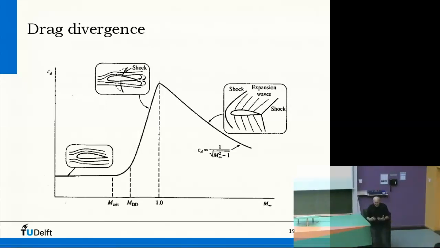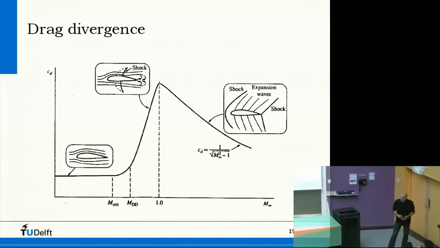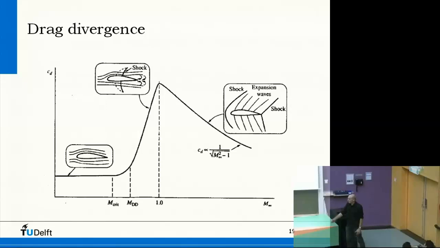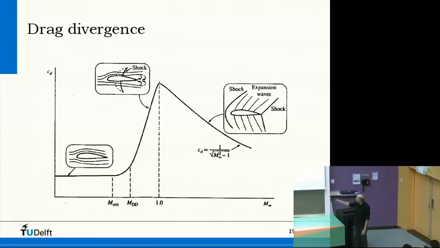And because of this high drag, in the old days people talked about the sound barrier. Because you need a lot of fuel, a lot of thrust to overcome this increase in CD, to get to the higher Mach numbers. So that is why it was called a barrier.